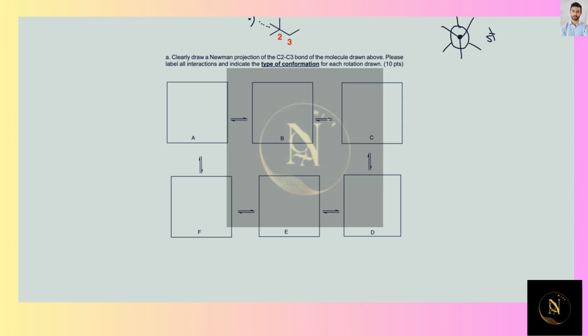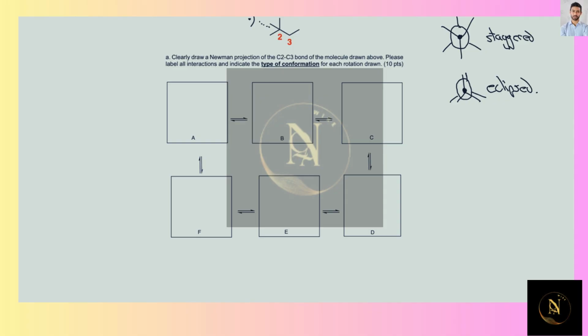a staggered configuration. In this case, I'm not going to put all of the labels that we can have. And we can also have, let me put it now like this, an eclipse configuration.